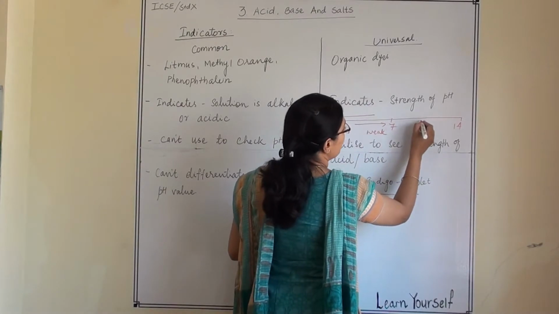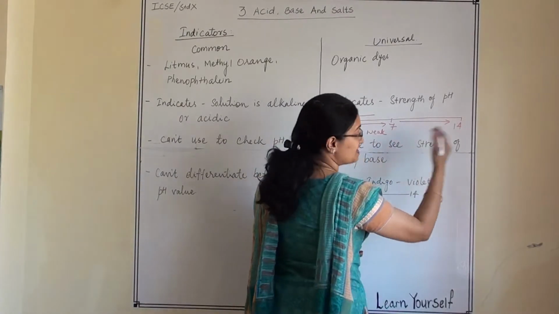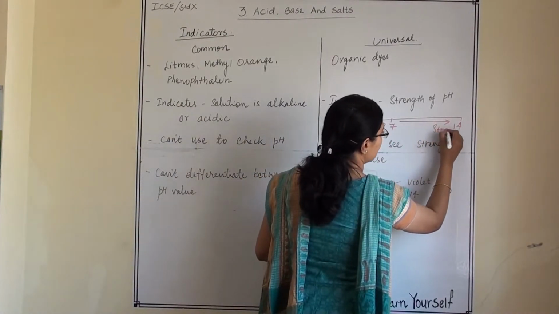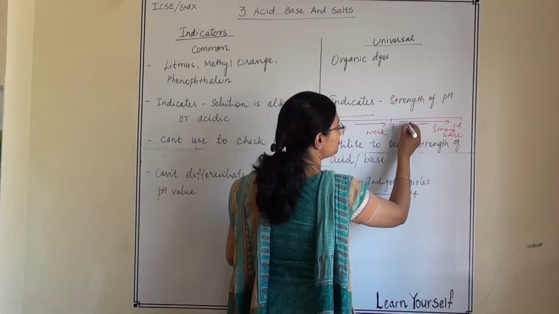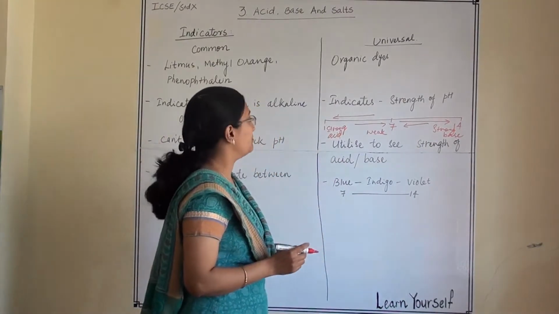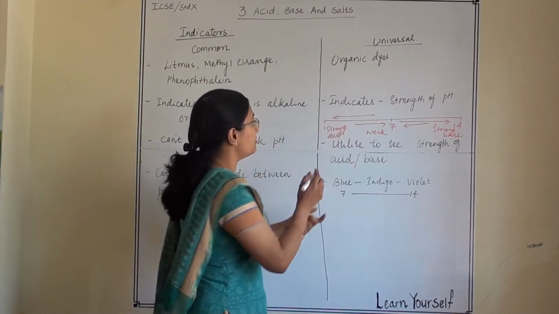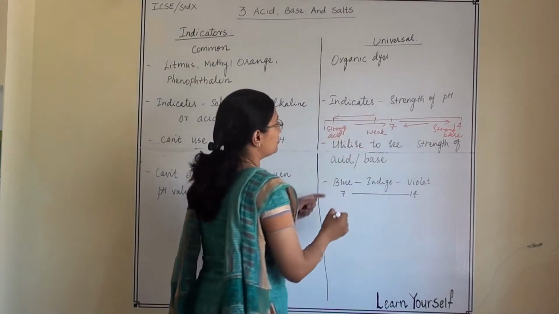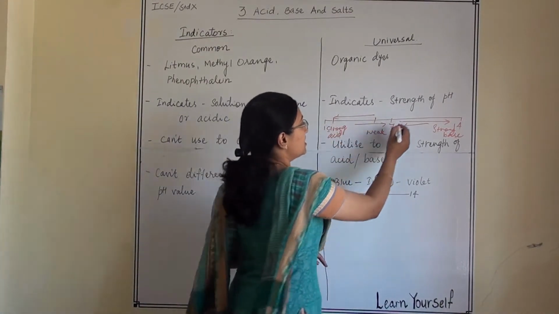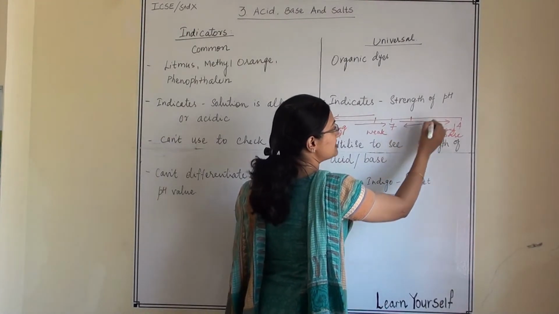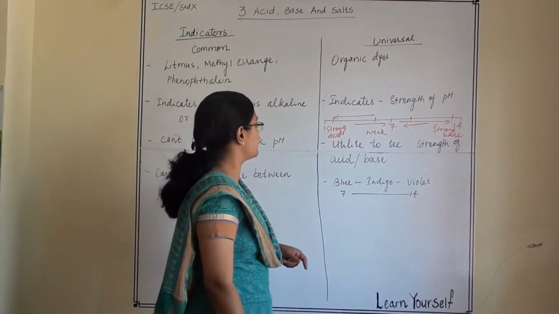As it goes far from 7, it is strong base, and as it comes near to 7, it is weak base. So once it will show whether it is here or here, you can say that this is a weak acid, this is a strong acid. Here you can say it is a weak base, it is a strong base.